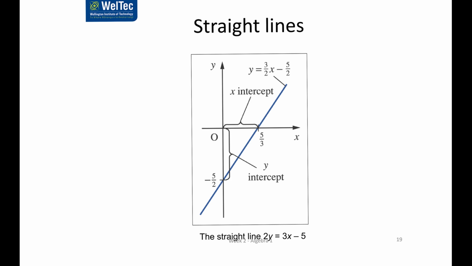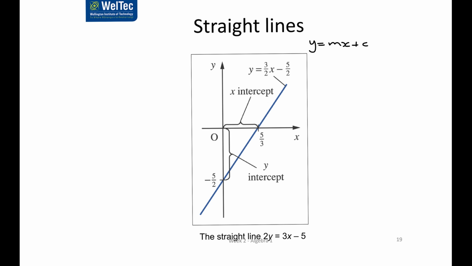The most common type of function that you're going to meet is a linear relationship. In other words, it's a straight line, and the general format for that is y equals mx plus c. Now we only need 2 points to define a straight line, x1, y1 and x2, y2.